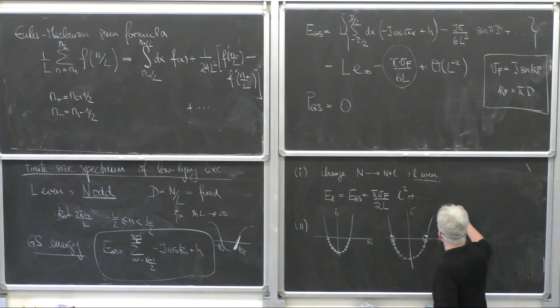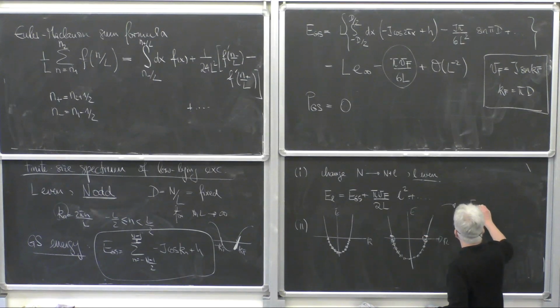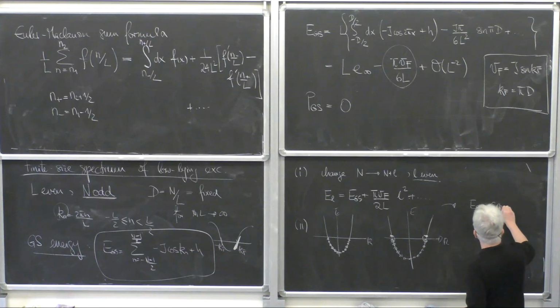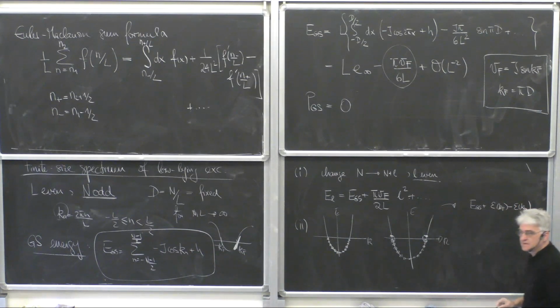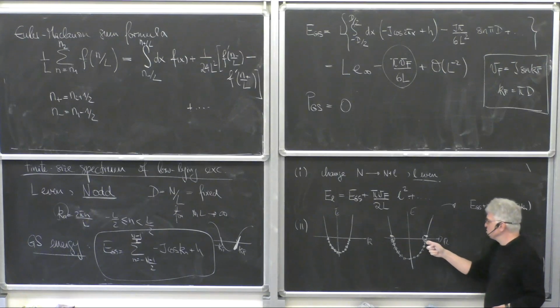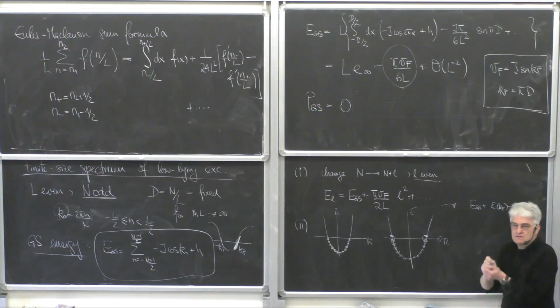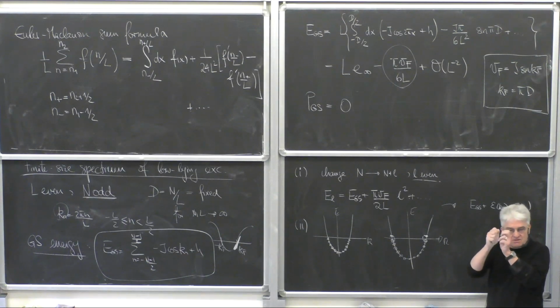This would correspond to an extra contribution: E ground state plus epsilon of K particle minus epsilon of K hole, where I have poked a hole close to Kf or minus Kf, and I have put a particle in the vicinity of the same Fermi point.